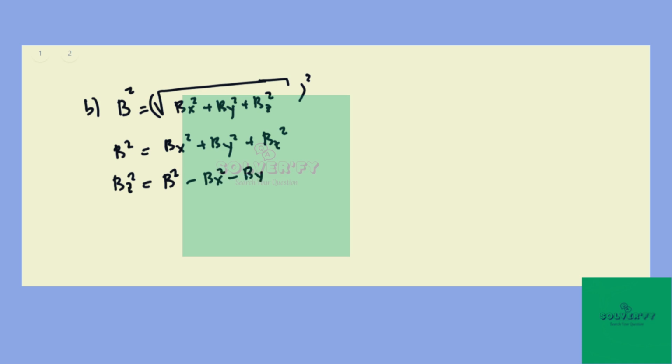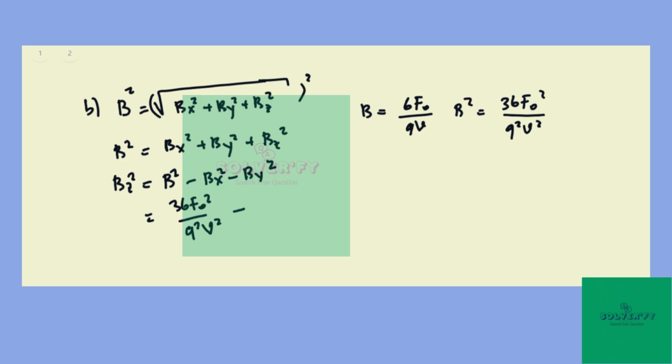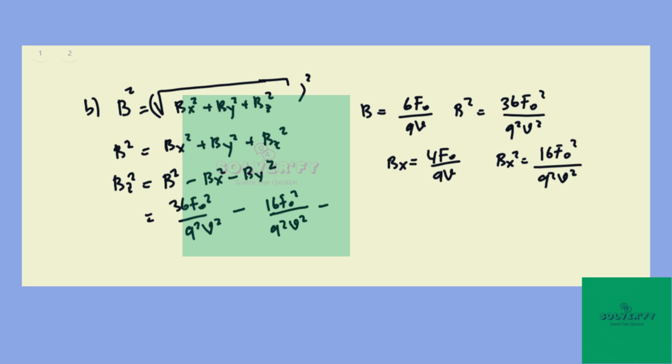B is given to us as 6F naught over Qv, so B squared is going to be 36 F naught squared over Q squared v squared, minus, remember, Bx was 4F naught over Qv, so Bx squared is 16 F naught squared over Q squared v squared, minus By squared.